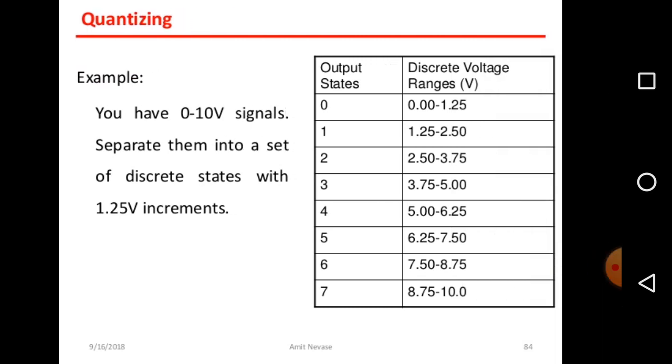See how quantizing is done. For example, you have a 0 to 10 volt signal, separated into a set of discrete states with 1.25 volt increments. This slide shows how quantizing is done.